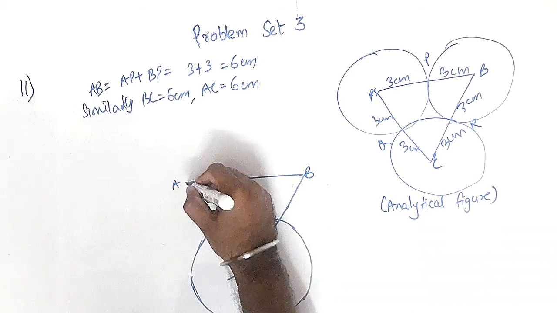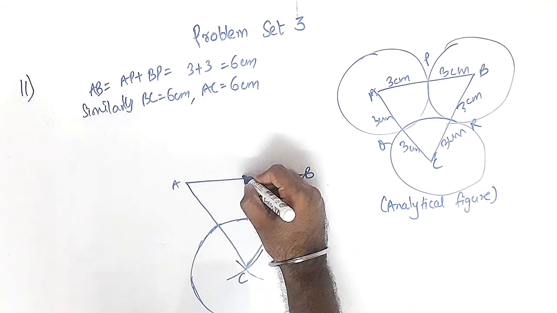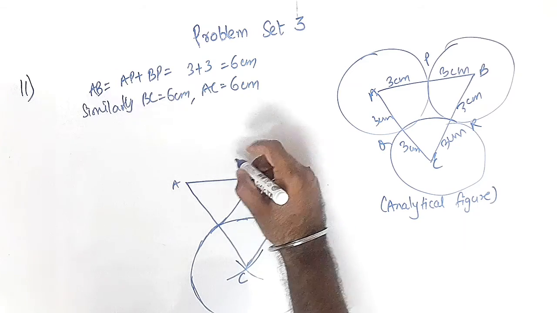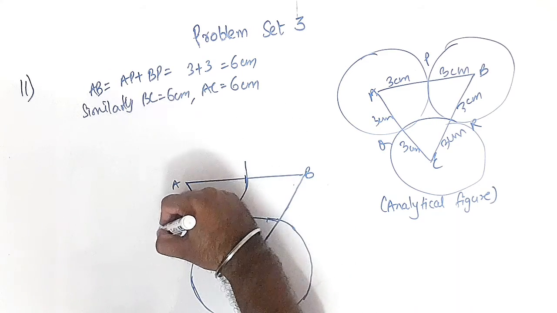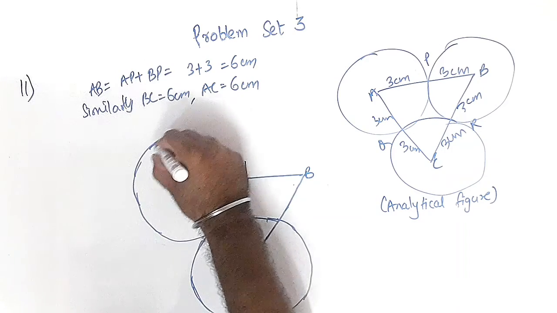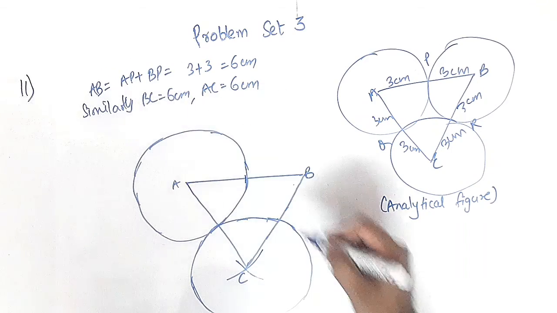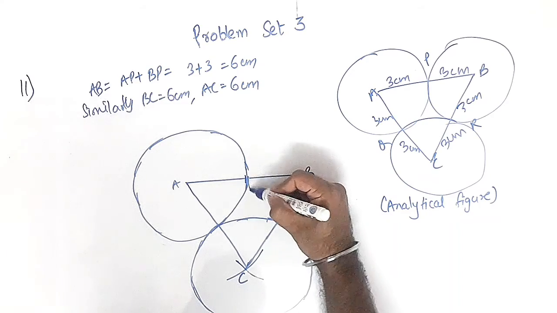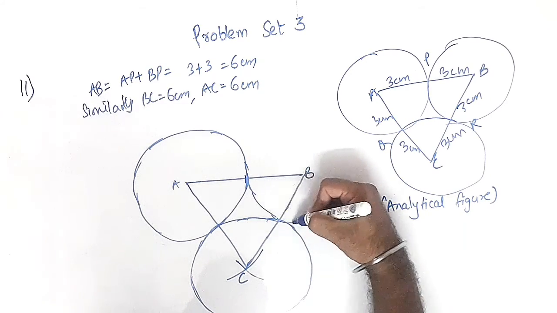From A also you will draw the same. Join this 3 centimeter. This will be touching circles. And from here also, from B 3 centimeter, so join this.